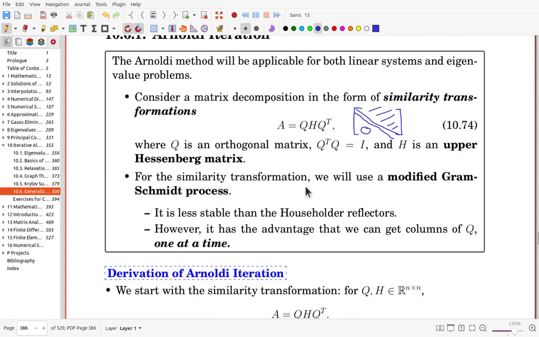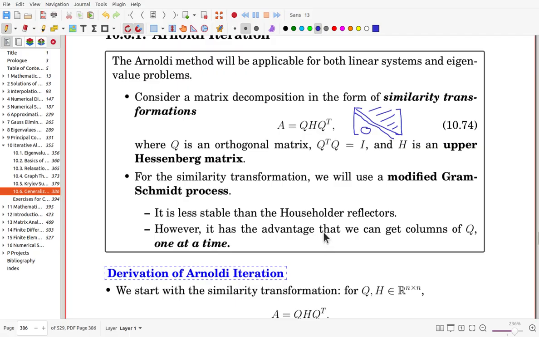For this similarity transformation, the Arnoldi method uses a modified Gram-Schmidt process. It is less stable than the Householder reflectors. However, it has the advantage that we can get columns of Q one at a time.